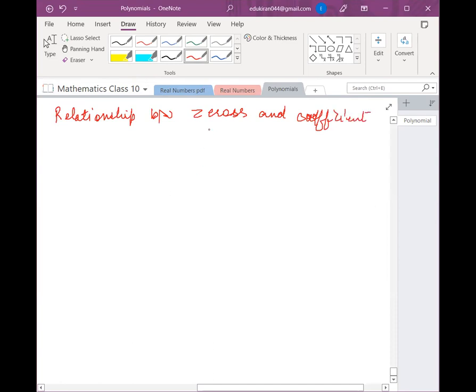Basically, there are two methods of finding the zeros of a polynomial. One is to solve it algebraically, and graphically also. Graphically, I'm skipping because that is a separate exercise. And apart from this, there are two methods: algebraically, and the second is by looking at the coefficients.